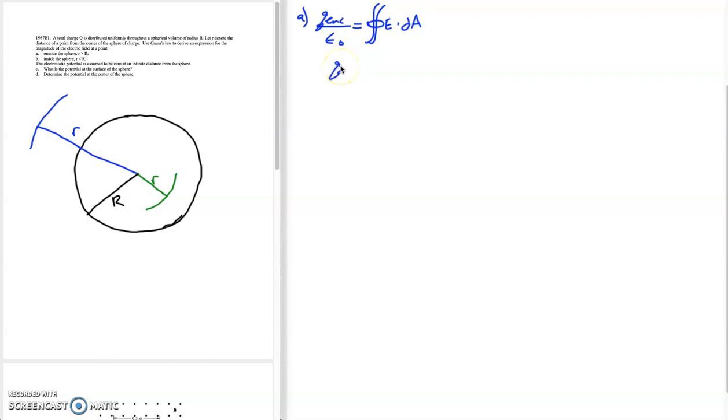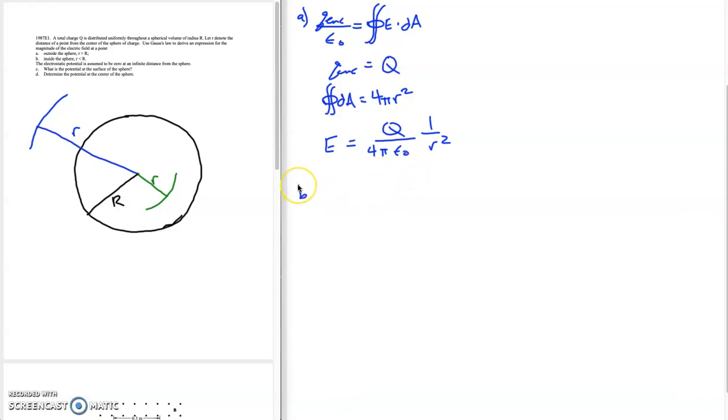So the Q enclosed, if we're entirely outside and this blue arc gets extended to be a circle or a sphere, it's going to enclose all of that charge, and the surface area of that sphere is going to be 4 pi little r squared. And when we substitute both of those into our Gauss's law equation above, we're going to get 1 over 4 pi epsilon naught times Q, and then divide by r squared.